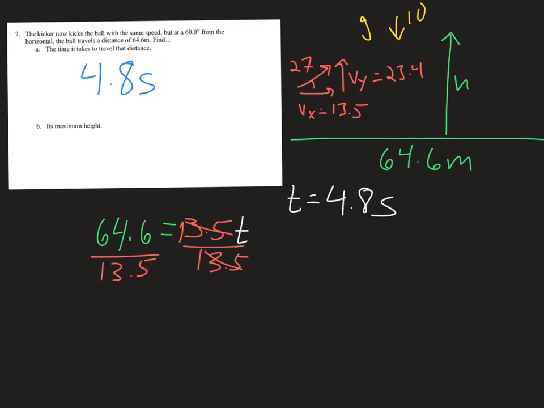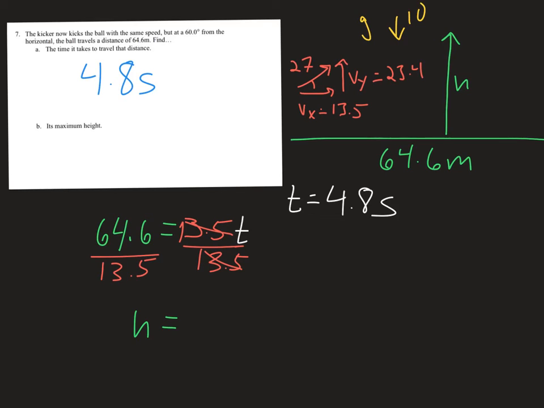Now that is again going to allow me to find the height, because we're solving for h, and it's going to be the same equation as we just did before, h is equal to 1/2 g t squared.